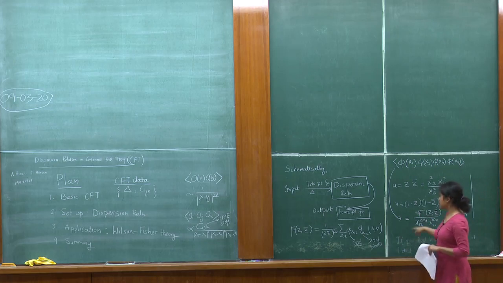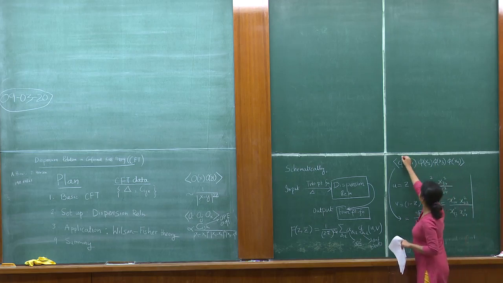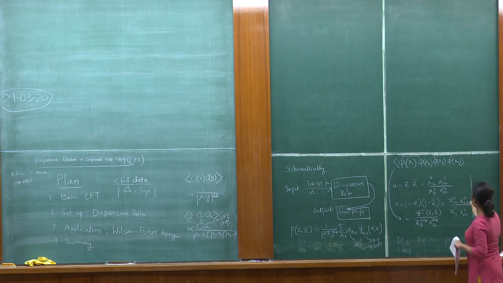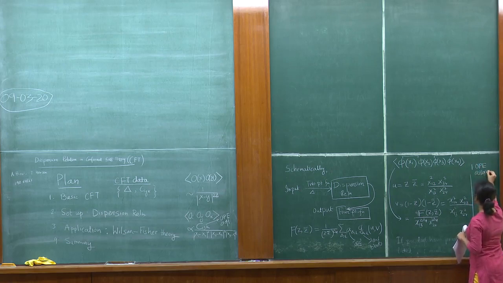So this is the S channel expansion where we fuse together operators 1 and 2, and 3 and 4. Now we can use two properties of conformal symmetry. One is that the OPE is associative.